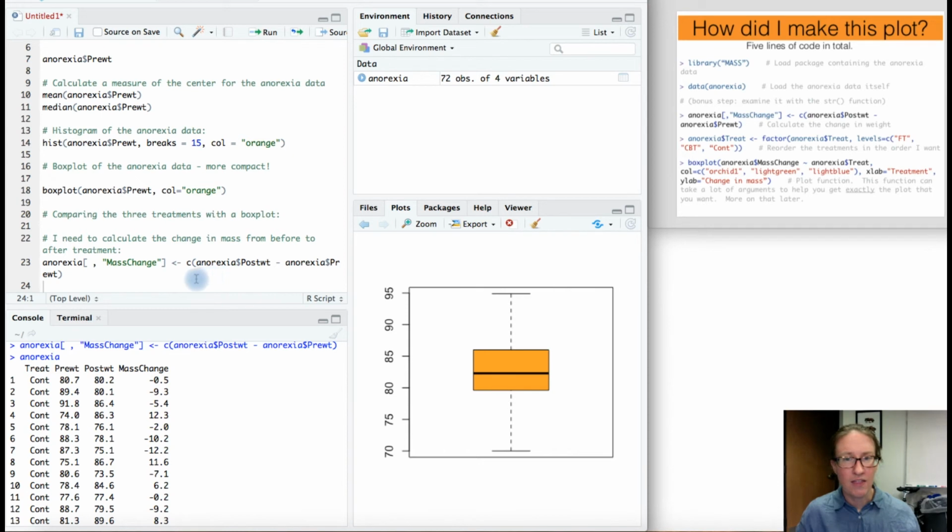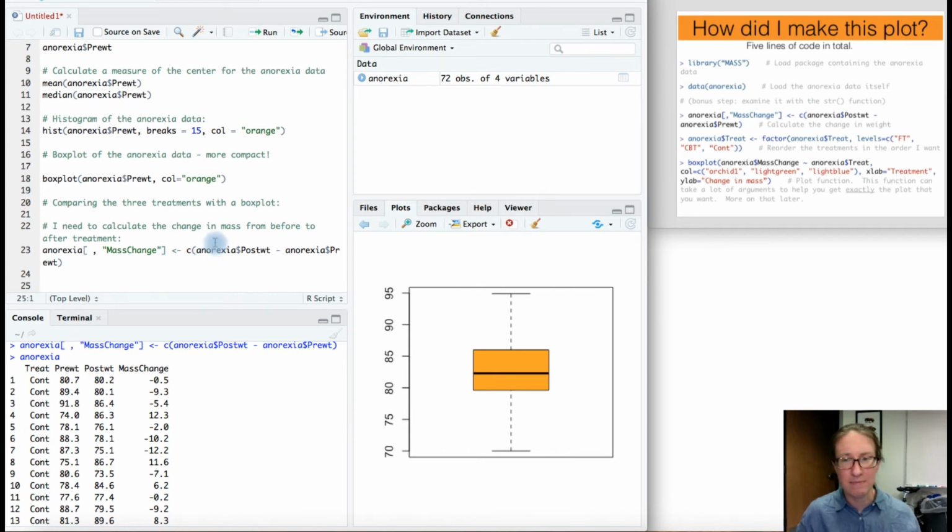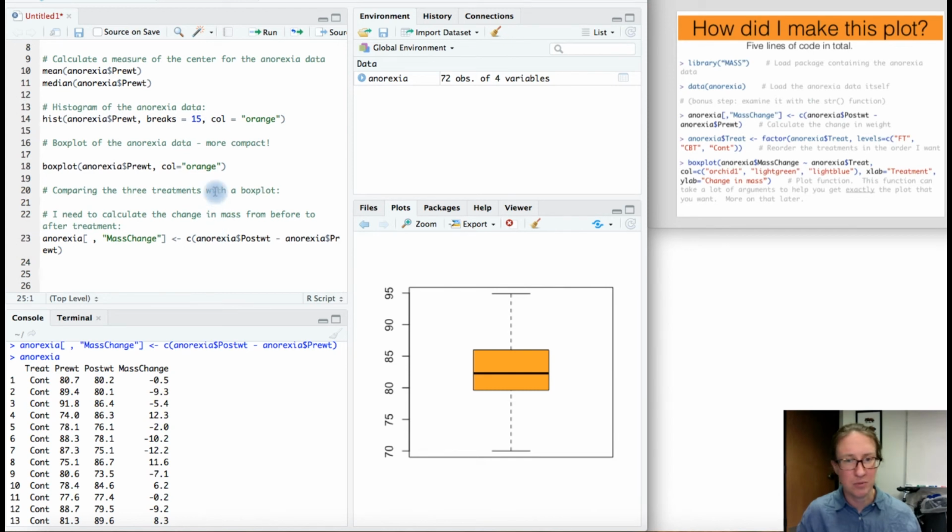Okay. Then what I'm going to do now is a little cleanup step. Don't worry too much about this particular one at the moment, but it may come in handy later. And that is, I want to order the treatments in a specific order. So to do that, I'm going to index the treatment column, and I'm going to use the factor function.